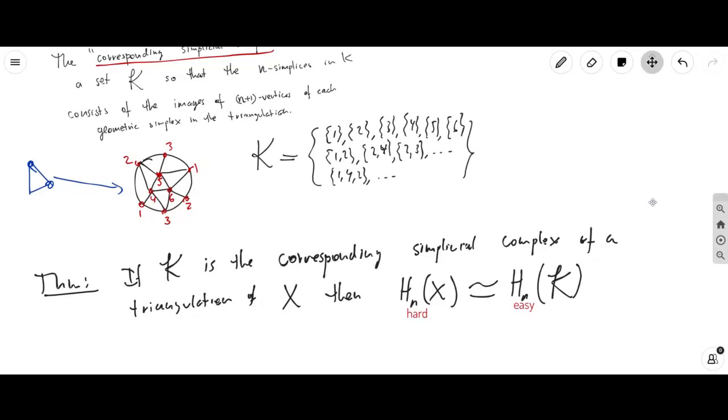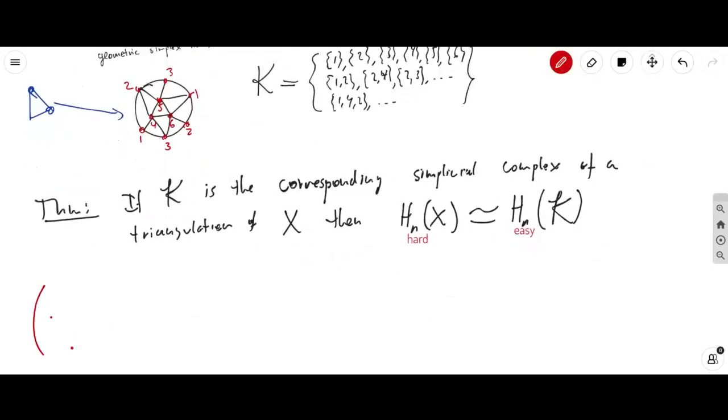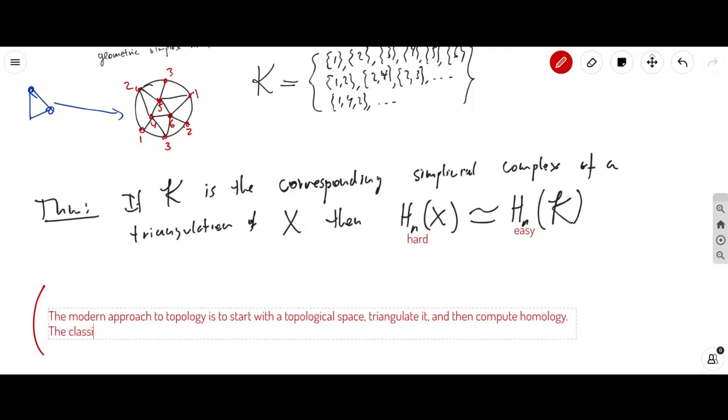So what's interesting is, I would say, the modern approach to topology is to start with a topological space, triangulate it, and then compute homology. The classical approach is to start with a simplicial complex and then realize it geometrically.